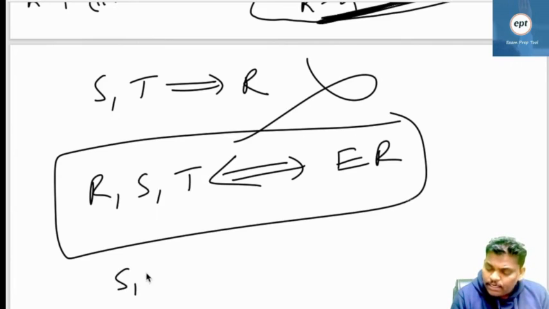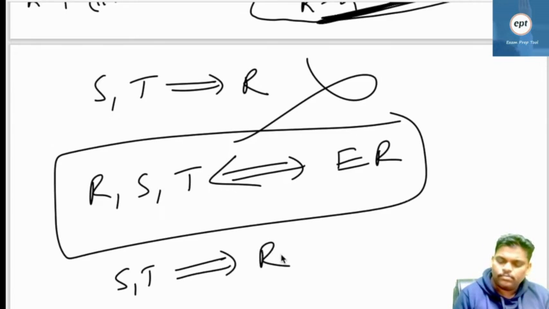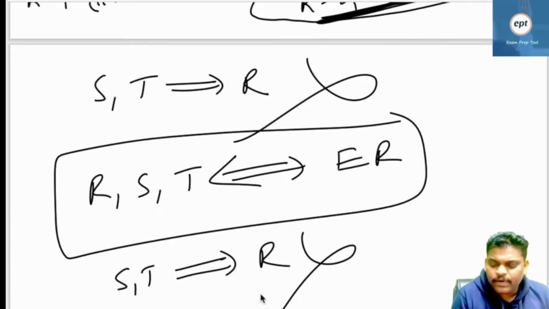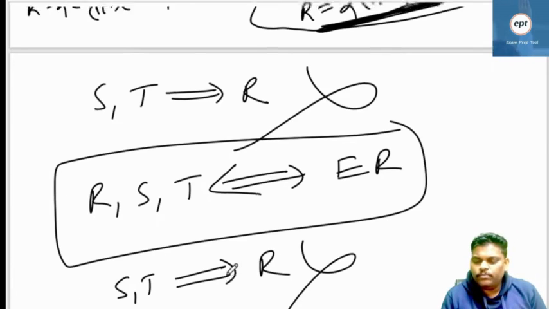This is true. But symmetric, transitive satisfied, I cannot say reflexive. Right? Yeah, go to the next problem.